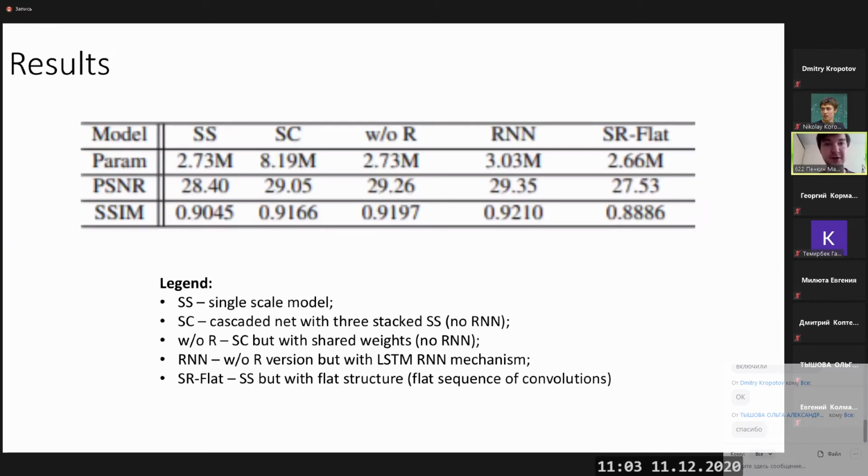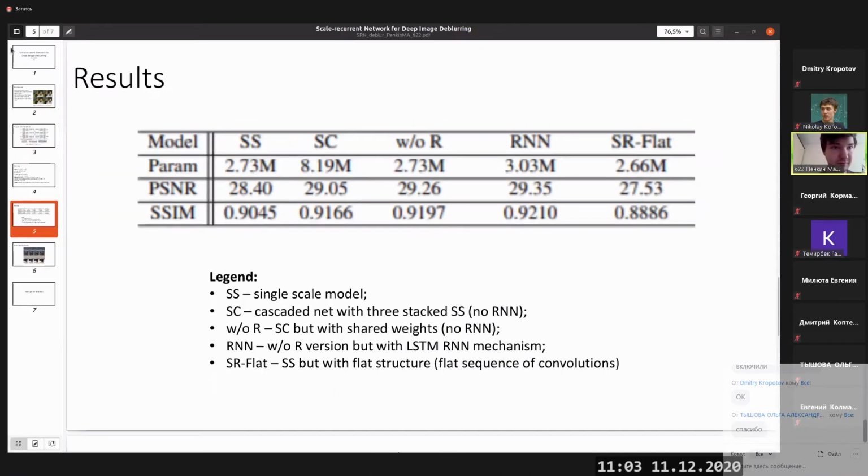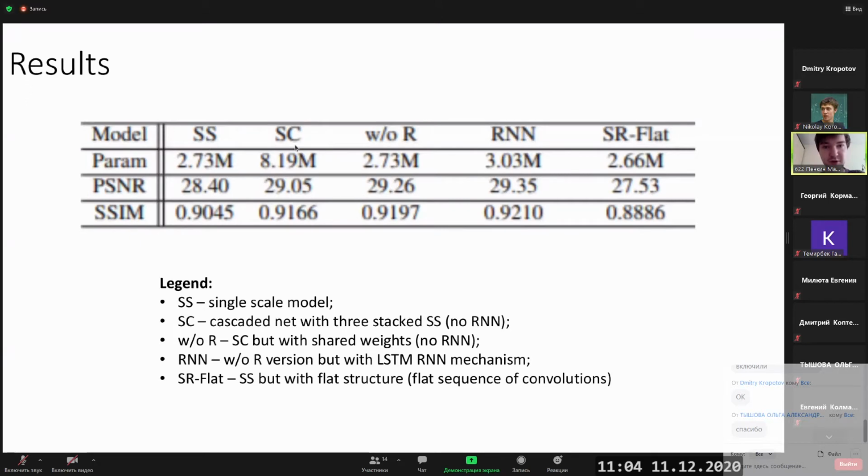So here are the results. Here are 5 models. SS model is a single scale model. Then SC model is the cascade of 3 nets, as I said, 3 U-nets, but no sharing weights.